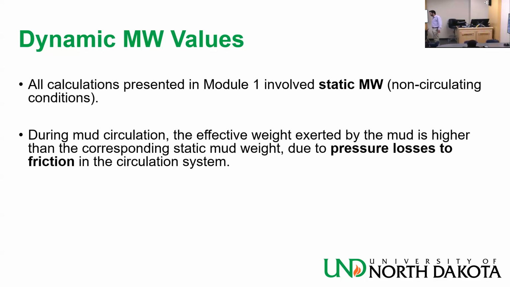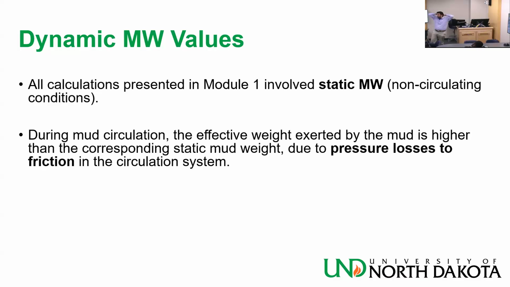So, say I'm drilling a well with a 9.62 ppg mud weight, but I'm circulating. That means when I'm pumping it down, I need to pump it at a pressure that will account for the pressure losses in the system to make it come up. Otherwise, it won't come up.